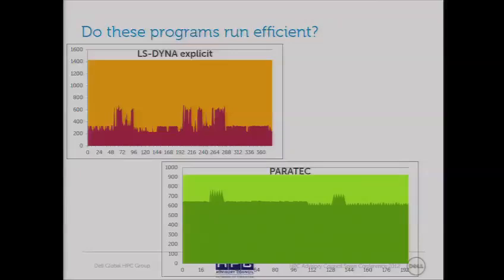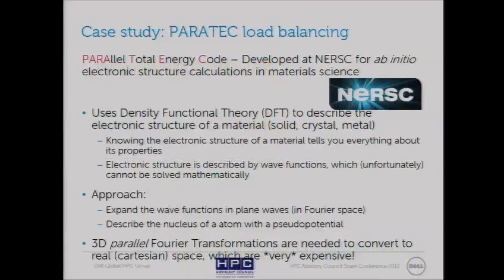You also see it, for example, in the PARATEC computational chemistry application, where you also have a load imbalance in the FFT grid here. The case study that I have goes deeper into this parallel PARATEC workload, and PARATEC is being developed at NERSC, and it does ab initio electronic structure calculations by using plane waves.